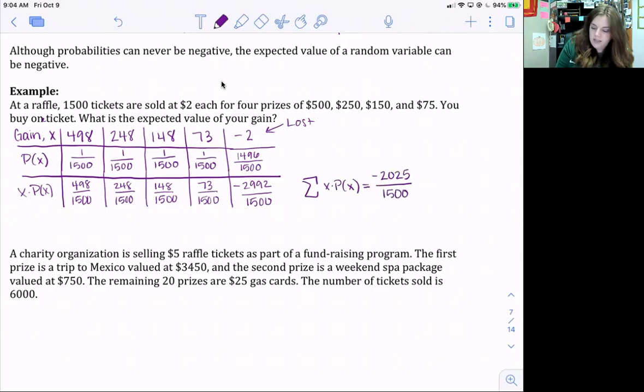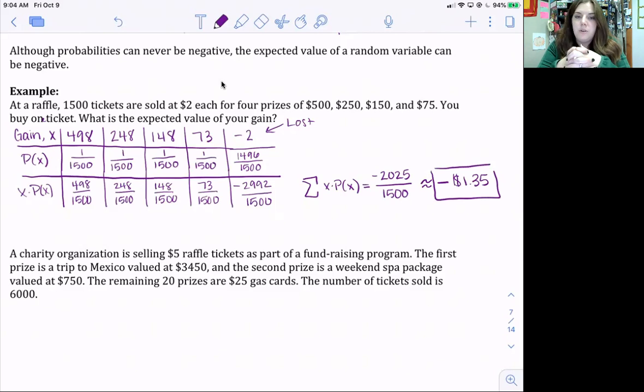And if you divide that, and we round to our 2 decimal places, since we're talking about money, we have a loss, because it's negative, of $1.35. So if you do this raffle, your expected value or expected win will be a negative $1.35. And the larger that negative value, the more likely you're going to lose. Okay. If it's 0, that means you're going to break even.